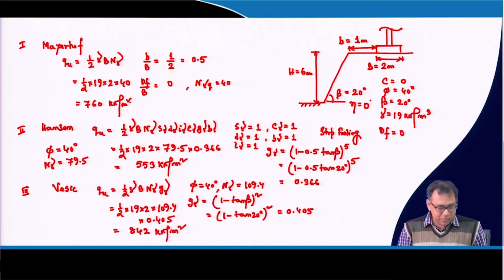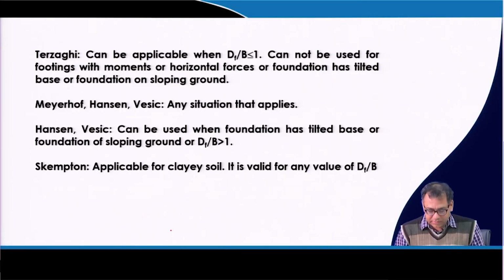Okay. So now, in comparison of all the methods, when you use which approach, that is the question. I have discussed several approaches: Terzaghi, Skempton, Meyerhof, then Hansen, Vesic and the IS code approach. So all the approaches I have discussed.